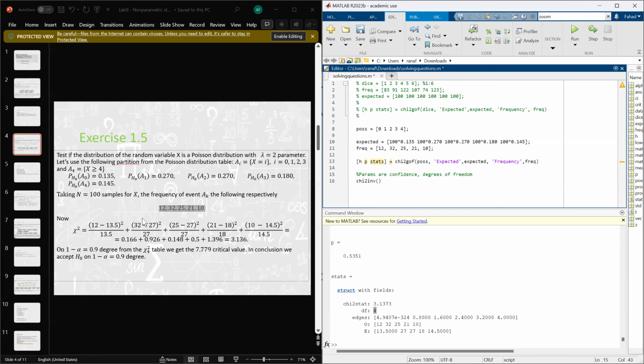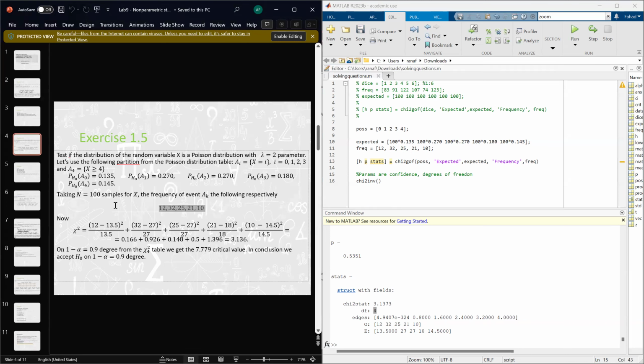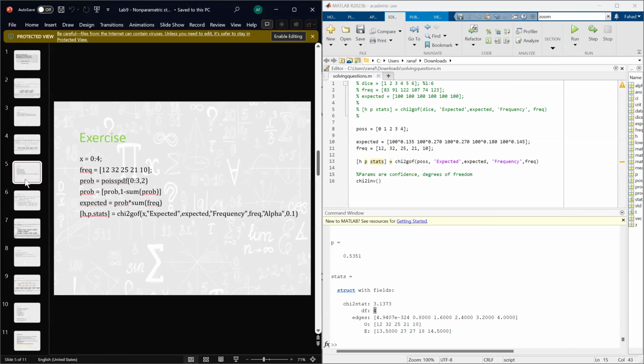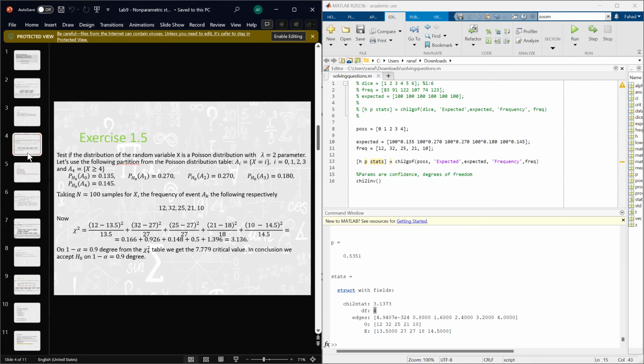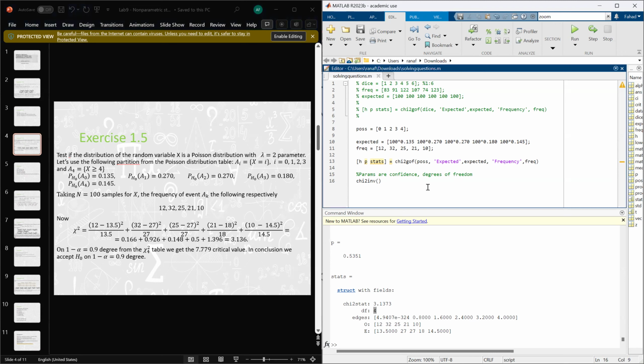Okay, so what is the confidence here? I don't think we're expected to find the critical values here. But I'll show you in the actual one. But the parameters are confidence.